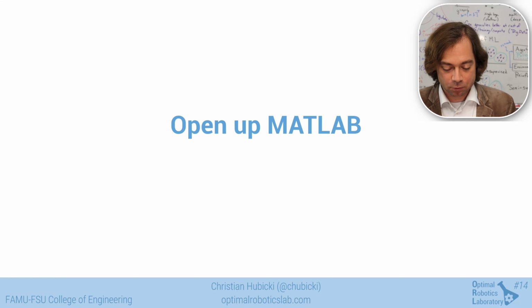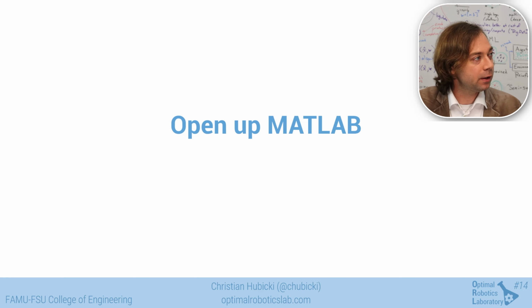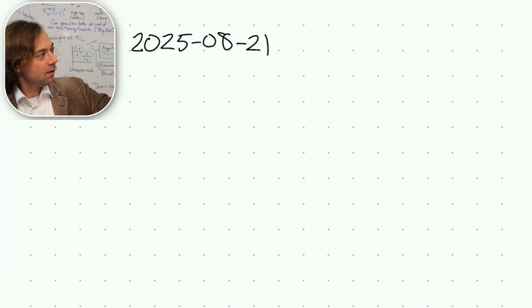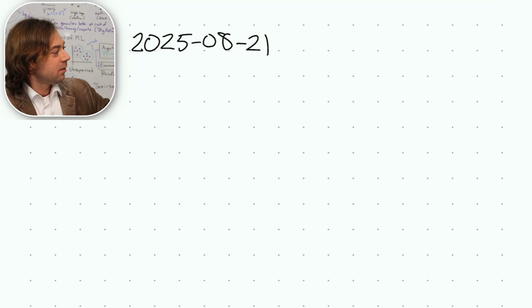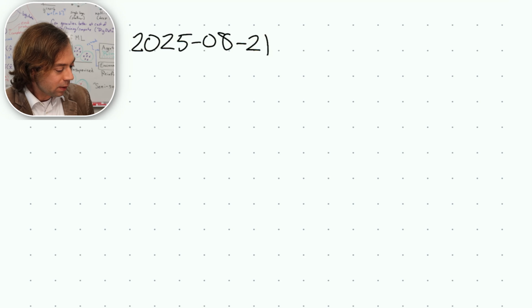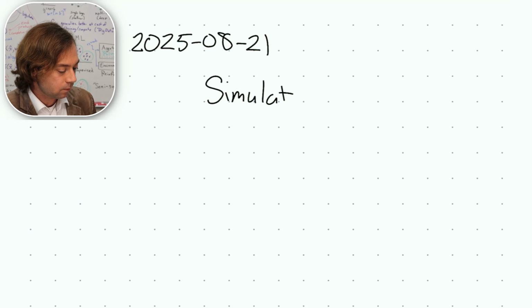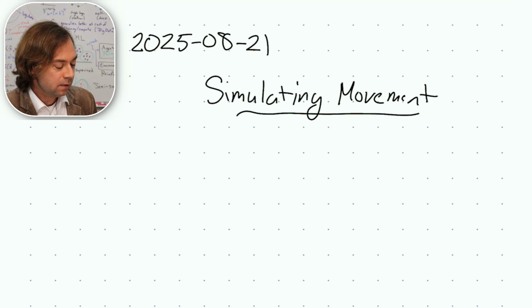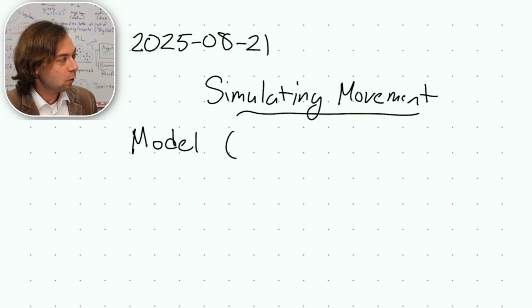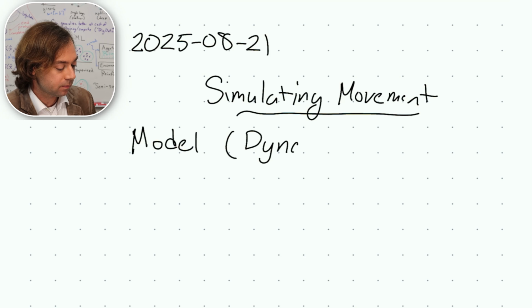I'll start drawing out things on my little whiteboard here to get us started. If you want to simulate movement, the first thing you're going to need is a model, or what we call in our business a dynamical system.